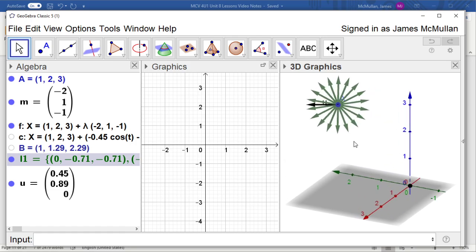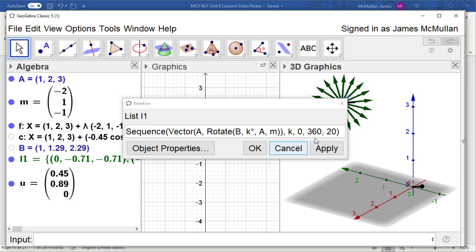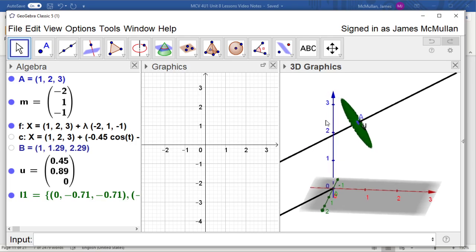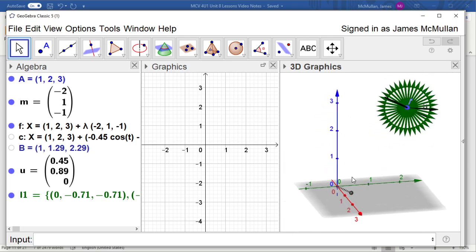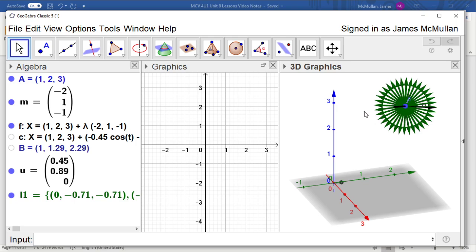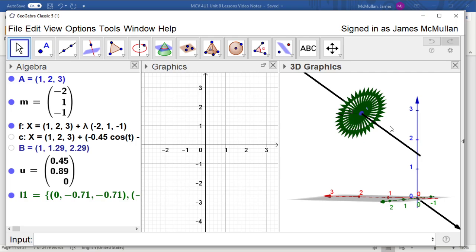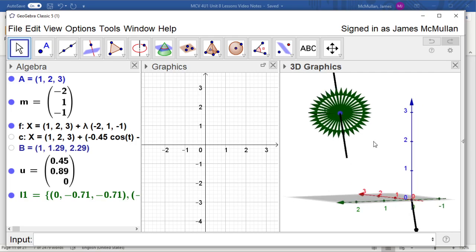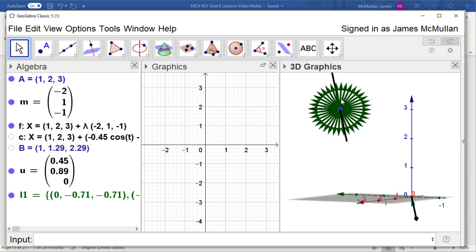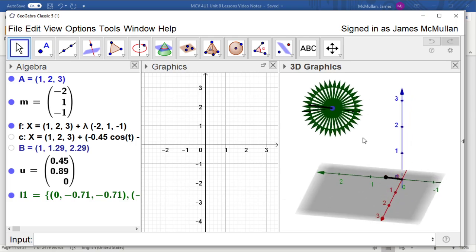All of these vectors, and I could have it draw more if we wanted. You can imagine you could draw thousands, an unlimited number of vectors that are perpendicular to the line, in the same way that if you think of this as a bicycle tire, every spoke is perpendicular to the axle, and there are many spokes.